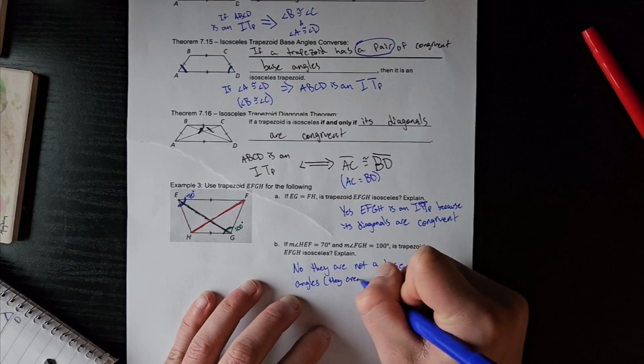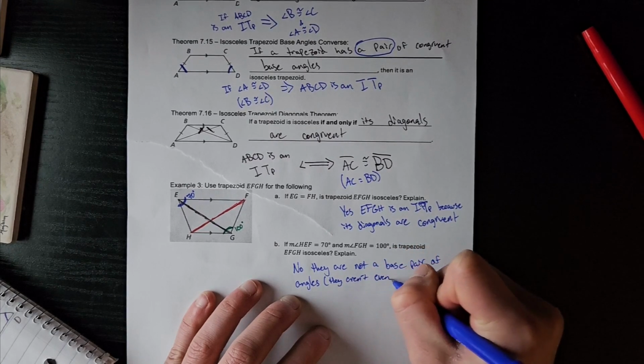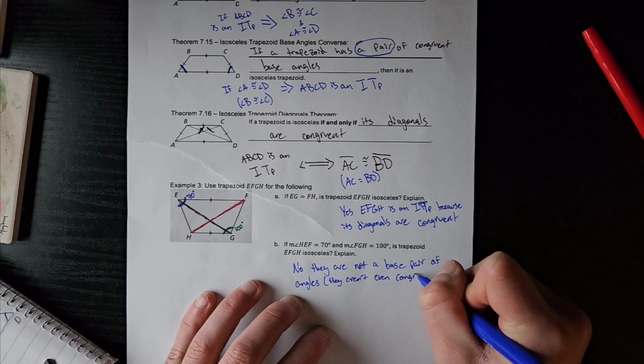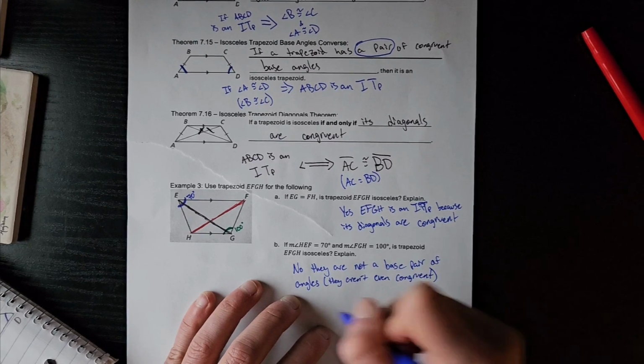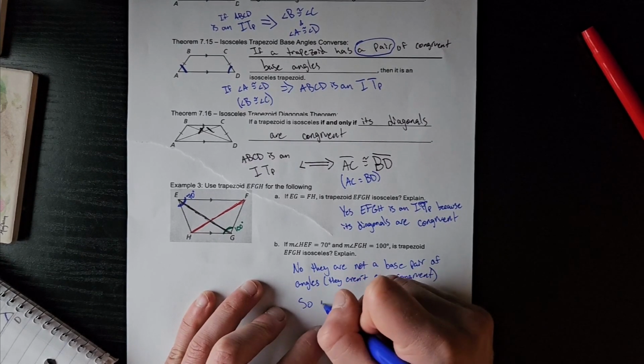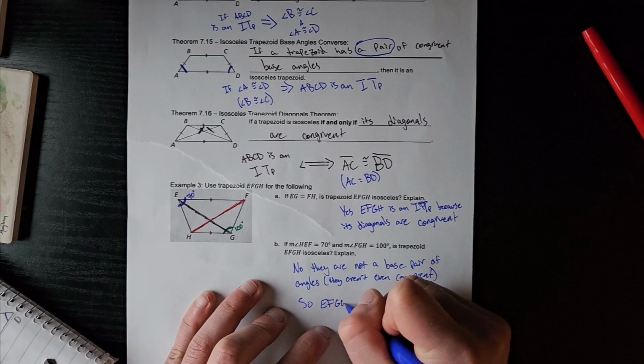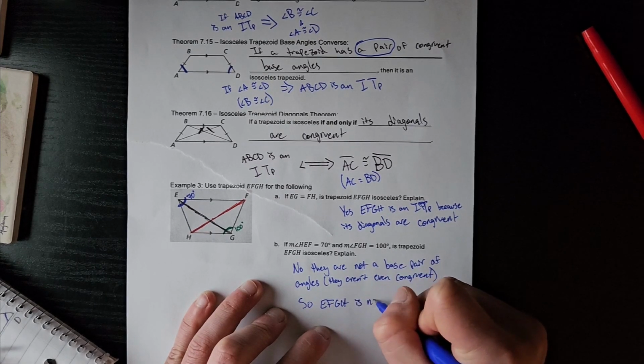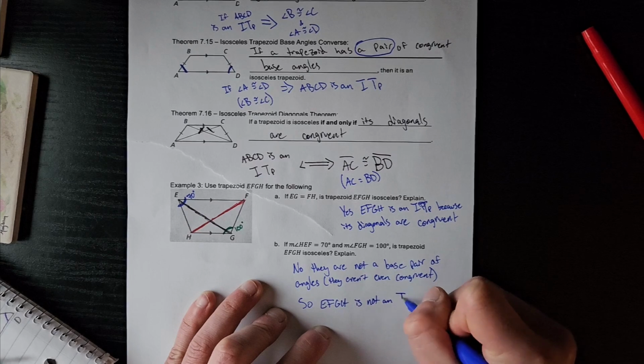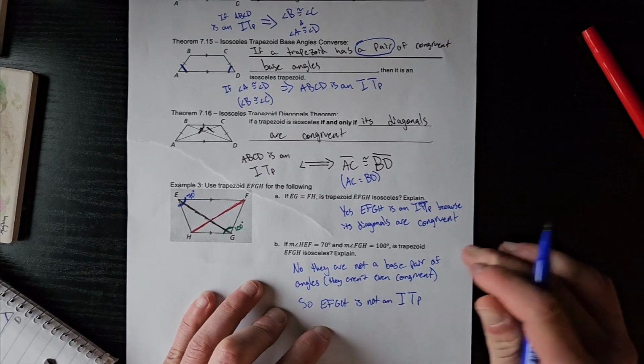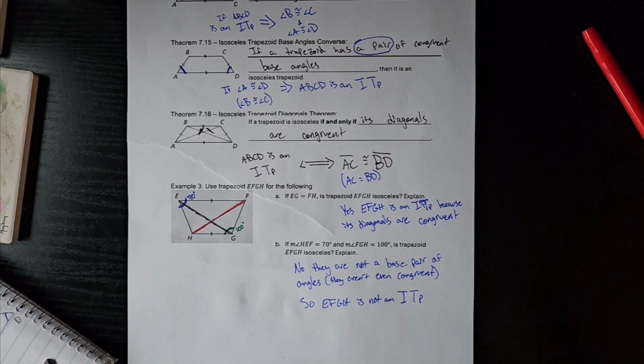They aren't even congruent. So EFGH is not an isosceles trapezoid. Simple enough.